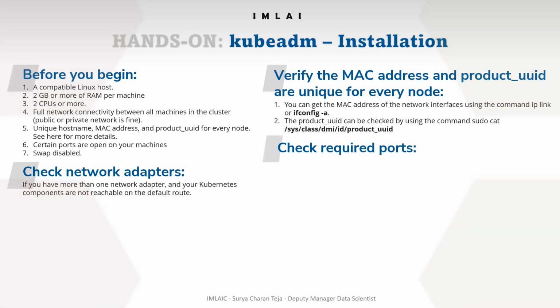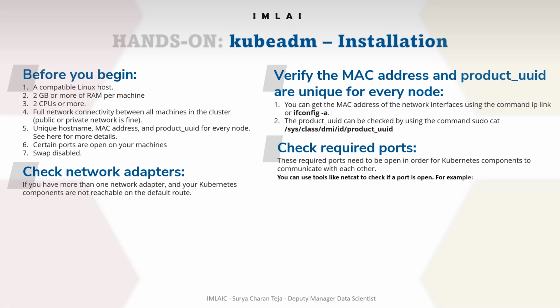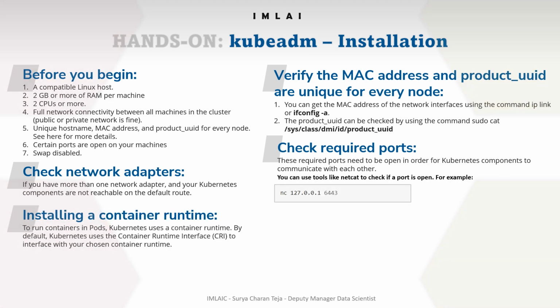To begin, you check your prerequisites, check network adapters, verify the MAC address and product UID are unique for every node, and check required ports. Then install a container runtime interface.